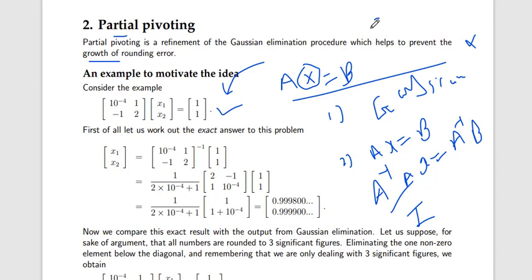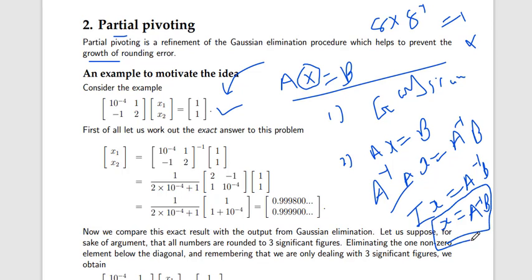If a number is multiplied by its inverse we get 1, but here it is a matrix, so we get the identity matrix. Identity matrix into x is equal to A inverse b. Multiplying by the identity matrix leaves it the same, so x is equal to A inverse b. So this is the second method. We can also solve the equations by this method.